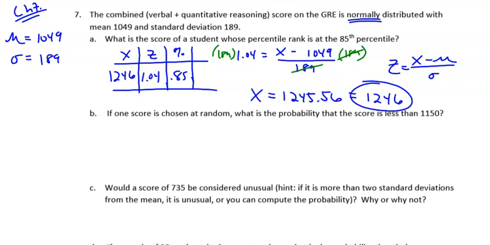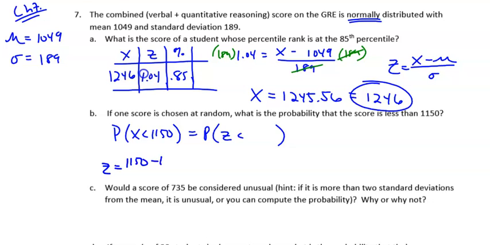Okay, probability question. This is kind of your standard question. What's the probability that a score is less than 1150? The probability that x is less than 1150 has to correspond with some z-score that goes with 1150, and I can use my chart for that. So I'd have to calculate the z-score: 1150 minus 1049 divided by 189.